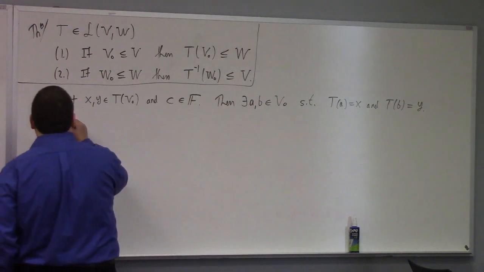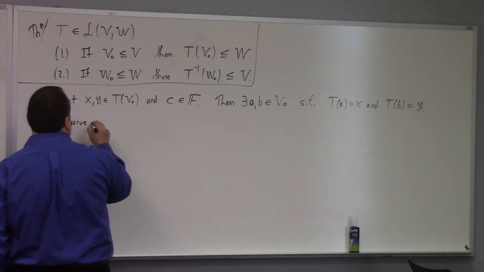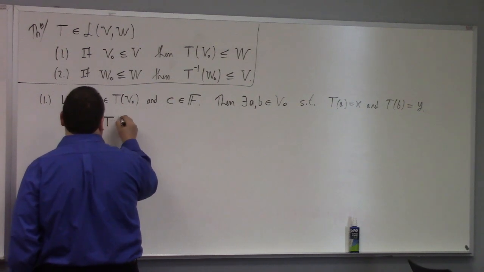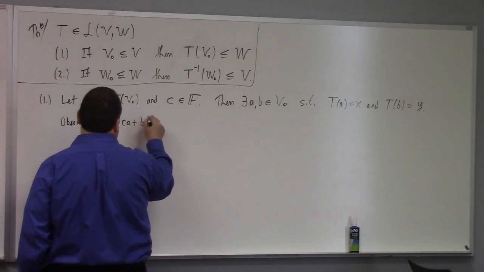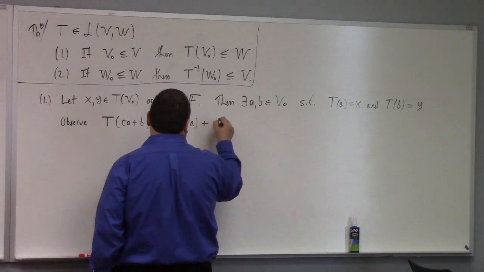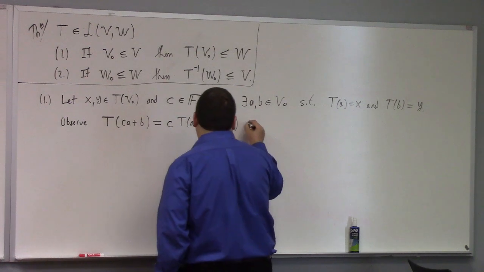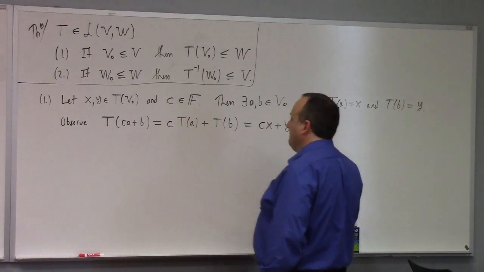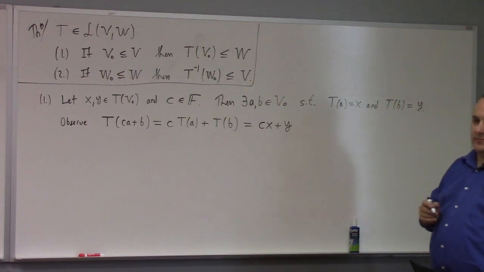So observe that T of c a plus b is equal to c times T of a plus T of b, which is equal to c x plus y. But what does this mean?